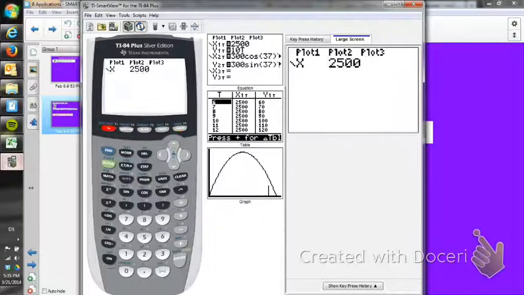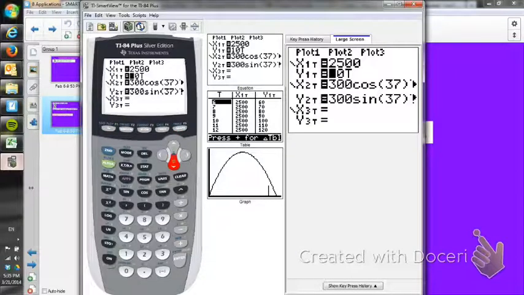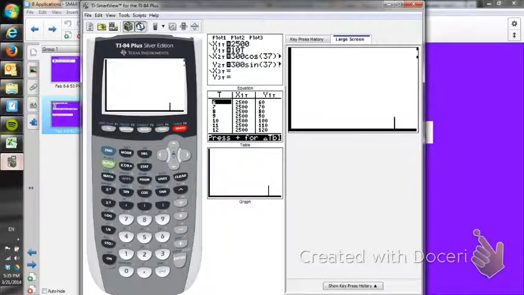Alright, what if we were to change something here? What if we took off the wind? Let's see if that would make a difference. So I'm going to take that plus 10t and get rid of that. Now let's see if it makes it. There's my wall, and there's my cannonball, and it's really close.